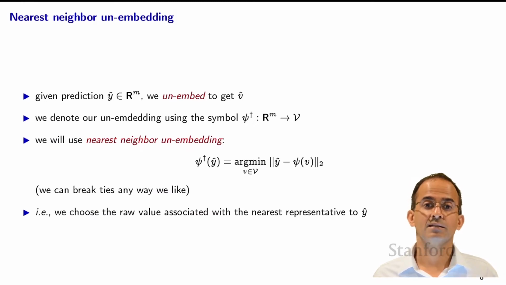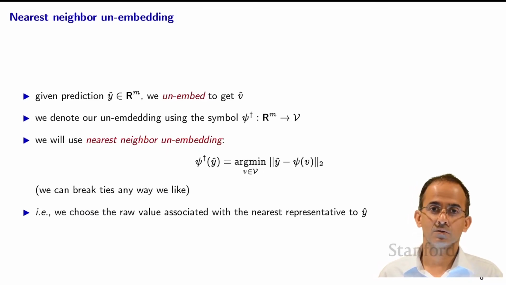And that is called psi dagger of y hat. And if it so happens that there are two vectors v, two classes, for which their embedded points are equally close to y hat, well, then you can break ties any way you want to. Another way to say it is what we're doing is we're choosing the target variable, the target category, which is associated with the nearest representative to y hat.